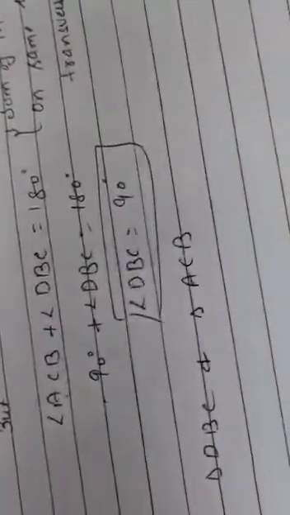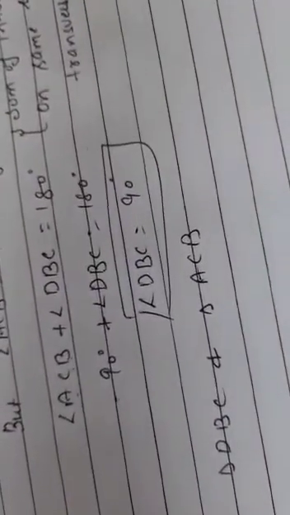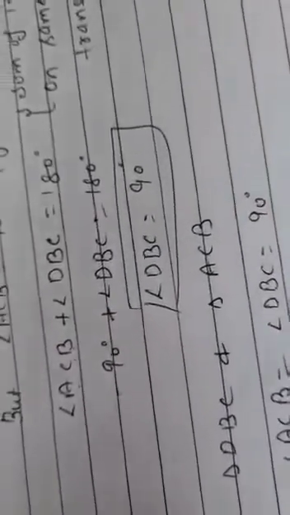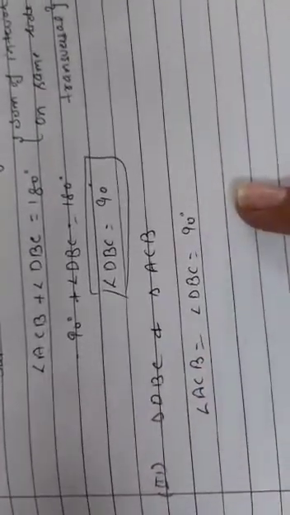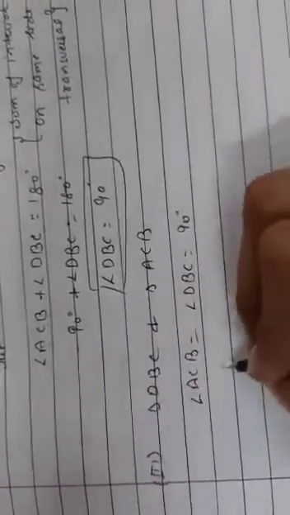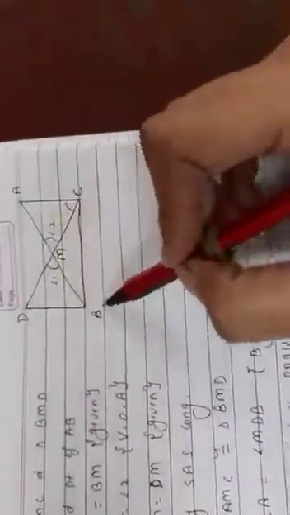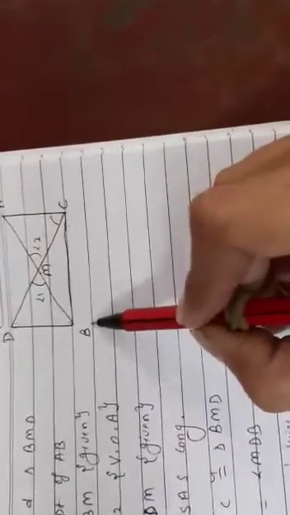So see there, angle ACB is equal to angle DBC. Now we have proved that they are of 90 degrees, these two angles 90 degrees. Then AC is equal to BD. See here, AC and BD are equal. Okay, because why are they equal?